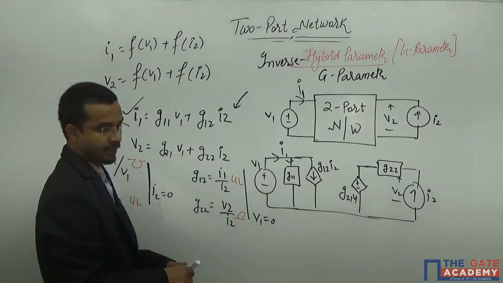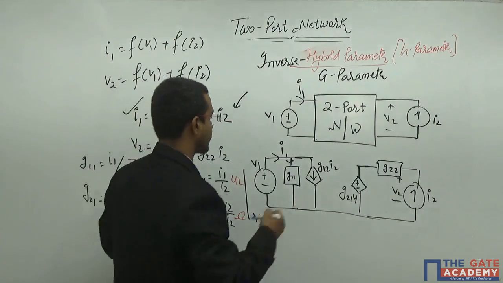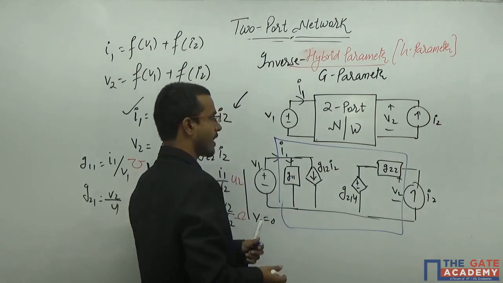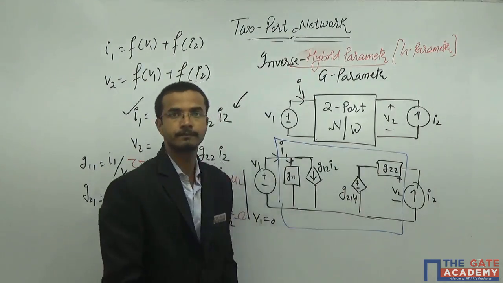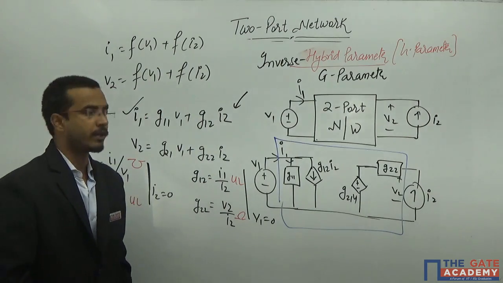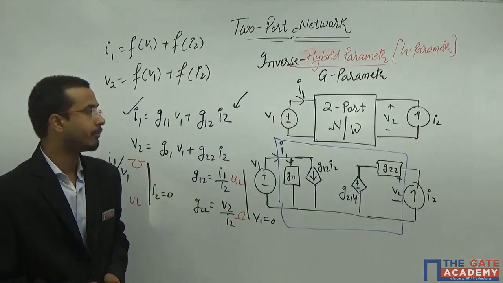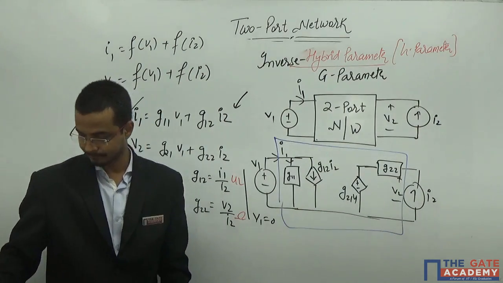That means this is the internal architecture of the G parameter, equivalent structure of the G parameter, this blue shaded region. And things are very simple, only you just have to observe the independent and dependent variable, and you will get the meaning of the parameters.